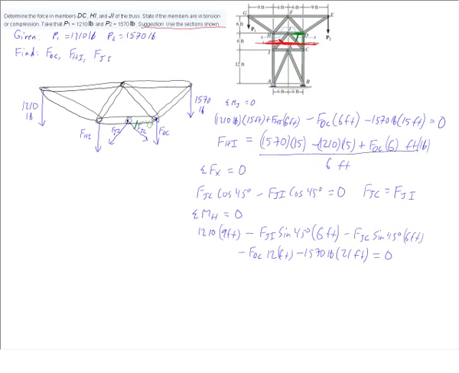In this one, it looks like we have 3 unknowns, but we can use this information up here to make it only 2 unknowns. And you can see that FJC and FJI are the same thing, so let's just make them both FJI. And we can get FHI in terms of FDC.